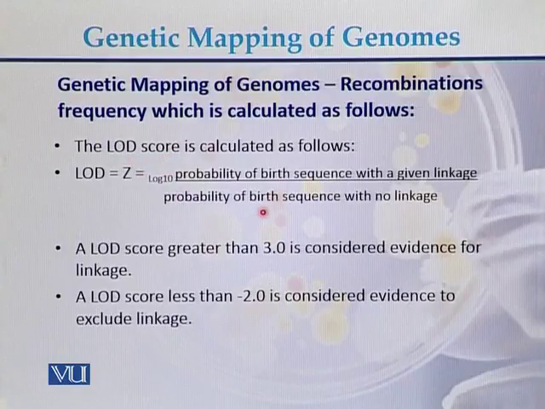Here is the formula for how the LOD score is calculated. A LOD score greater than 3 is considered evidence for linkage, while a LOD score less than -2 is considered to exclude linkage.